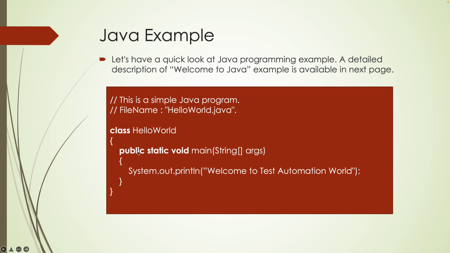In this I have declared the main method, that is public static void main. In brackets we have to declare its string array and arguments. We will discuss these points one by one on the next page. And in the curly braces I have declared System.out.println, and I have printed a simple message.